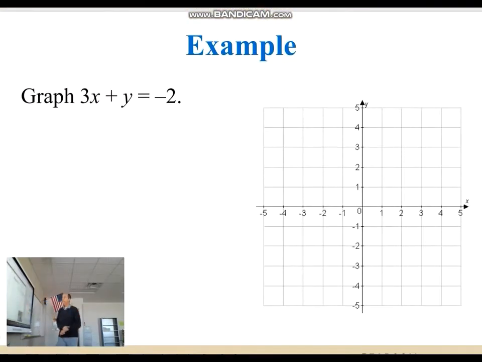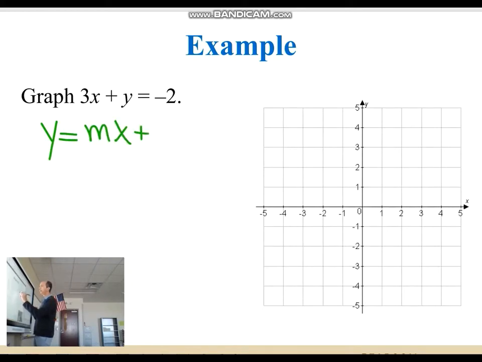Another example we have here, 3x plus y equals negative 2. This one is not in the slope-intercept form. The slope-intercept form, again, is y equals mx plus b, right? So we can work on this equation here, which is in the standard form, and make it the slope-intercept form.